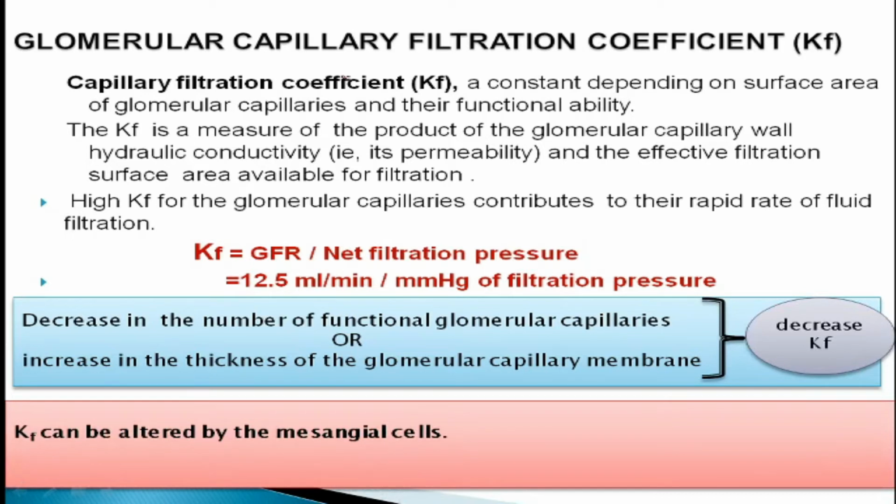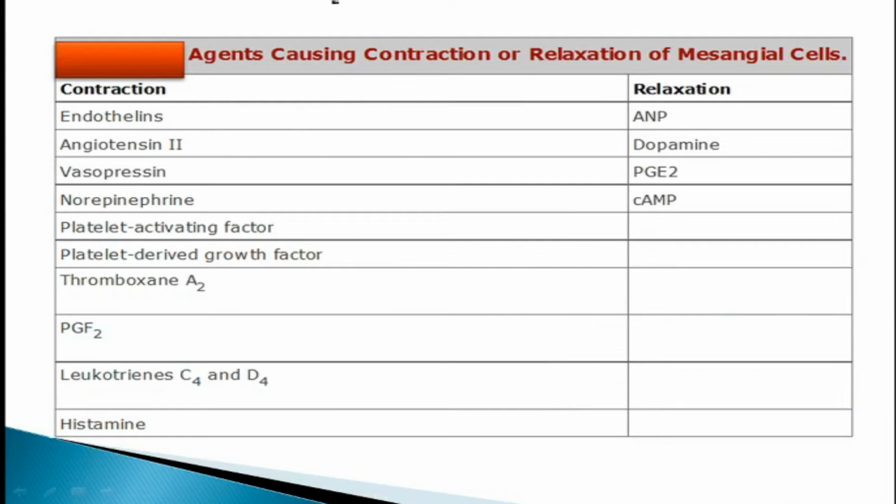Then Kf can also be altered by the mesangial cells. Mesangial cells are the cells which are present in between the glomerular capillaries, and these cells have the capability of contraction and relaxation. So those factors which cause contraction of the mesangial cells will cause a decrease in the Kf, because whenever the mesangial cells contract, they will compress the glomerular capillaries, thus reducing their surface area.